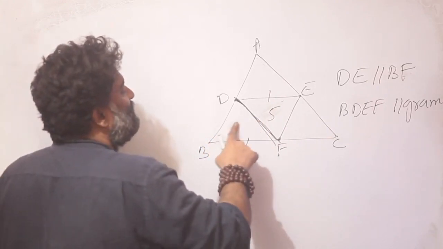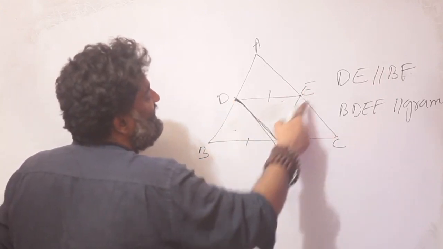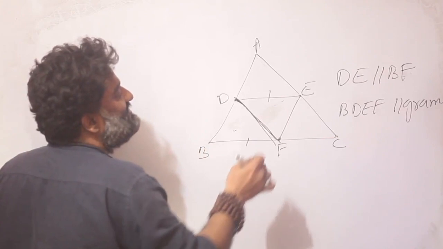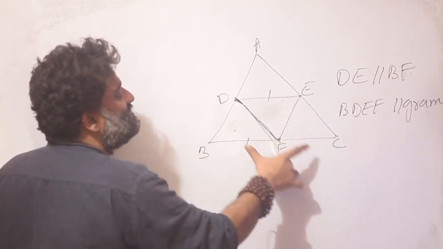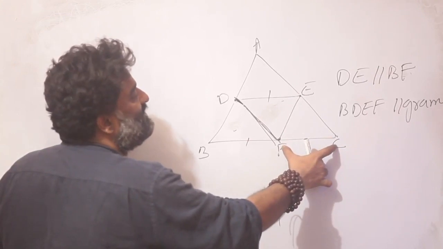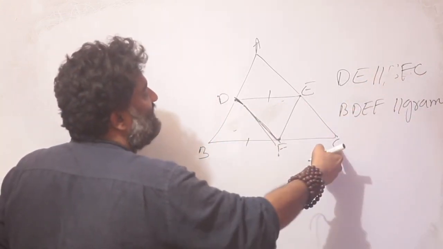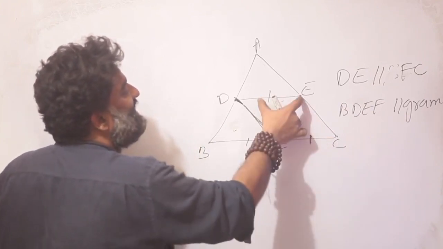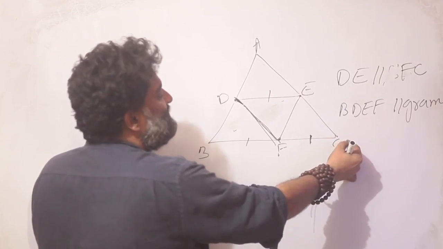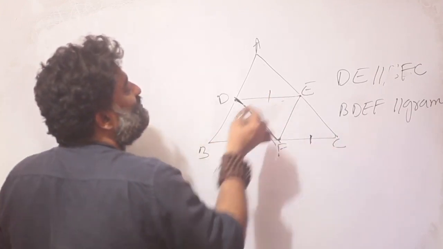Forget about this story for now for a minute and focus on the quadrilateral DEFC. Once again, I know DE is parallel to FC. Why? Because DE was parallel to BC, so definitely it is going to be parallel to FC. So DE is parallel to FC, and again DE is equal to FC. Why? DE was half of BC and FC is half of BC. So FC is equal to DE.